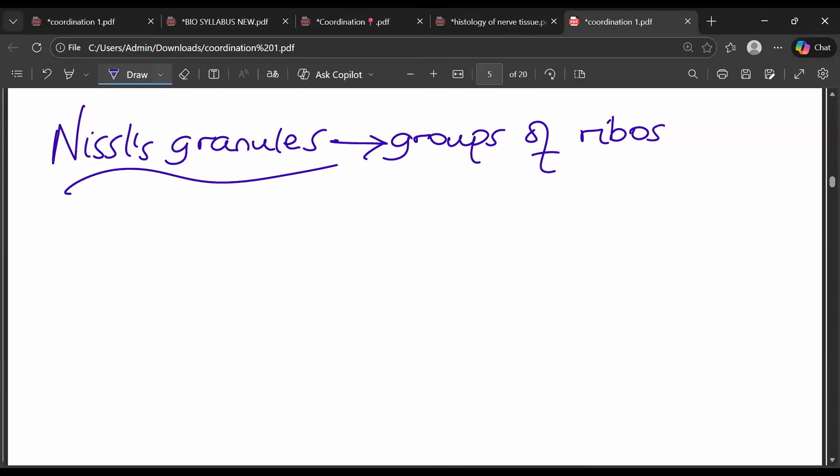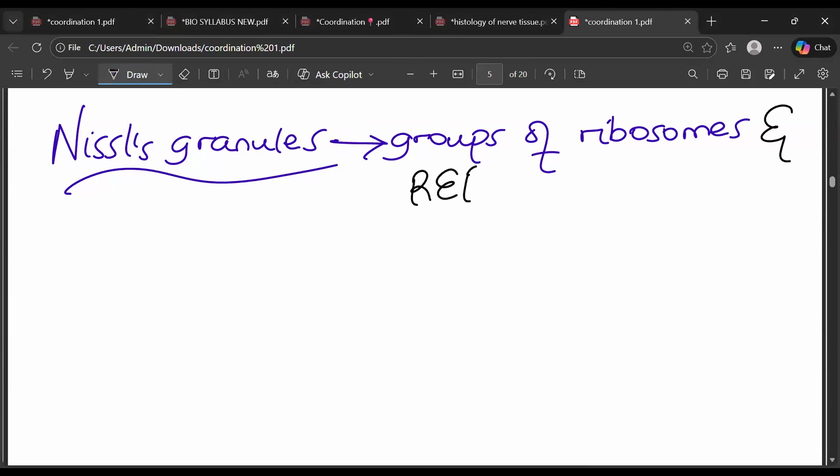Who knows the role of ribosomes? You people, where else are ribosomes found apart from the cytoplasm? On the rough endoplasmic reticulum. So that means Nissl granules are groups of ribosomes and also the rough ER.